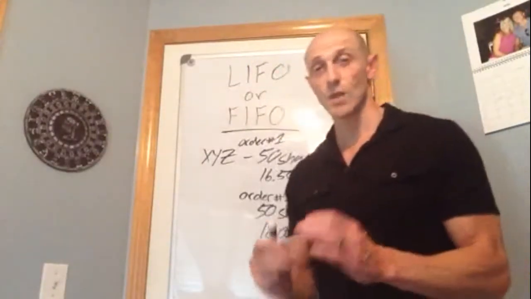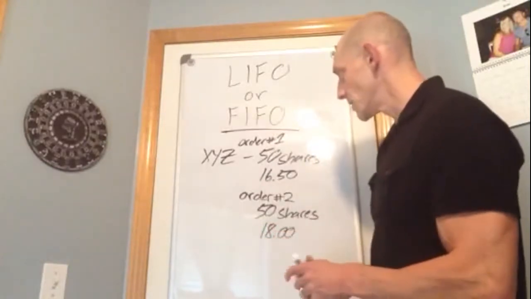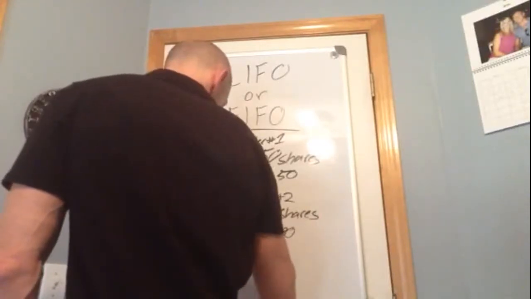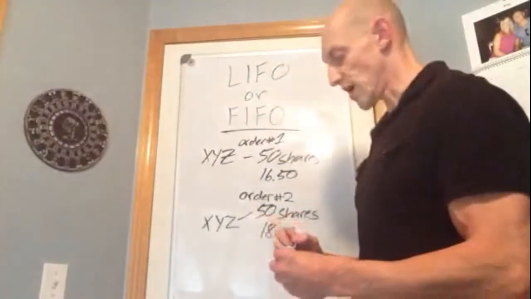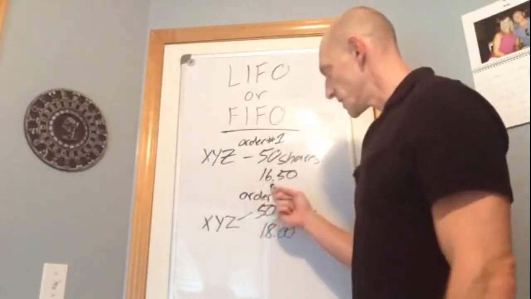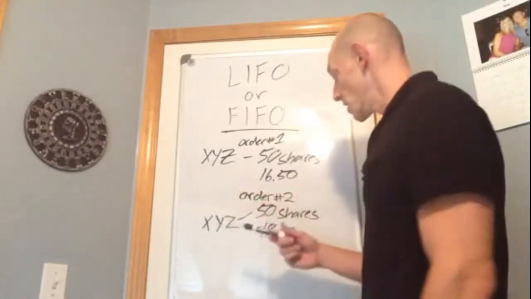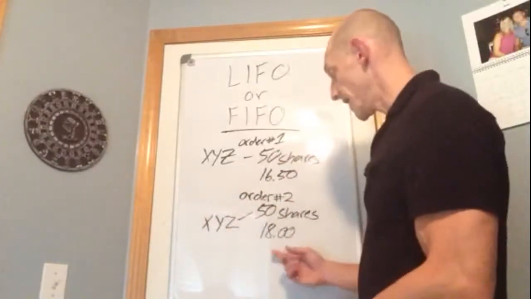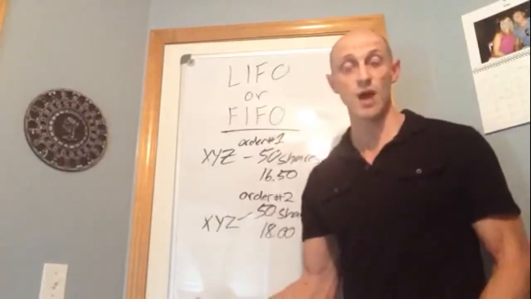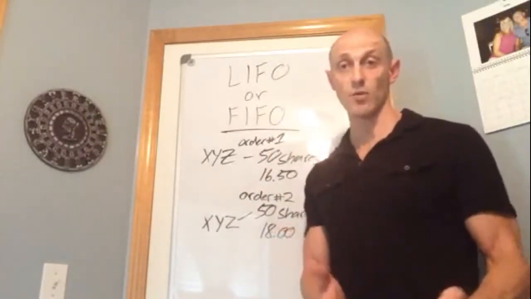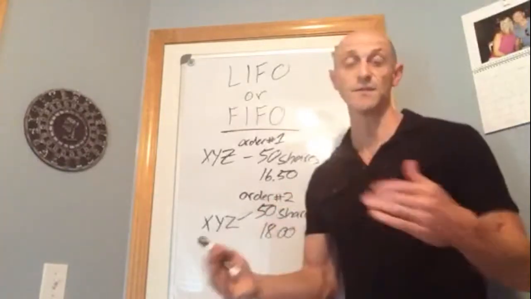Now, it's the same XYZ stock we're going with. You could have bought XYZ on order number one at $16.50, and then order number two at $18, or vice versa. You could have bought in at $18, and then the price started dropping on you, so you decided to buy in on some dips, at the lower price of $16.50.